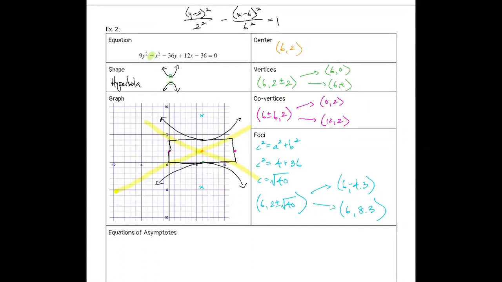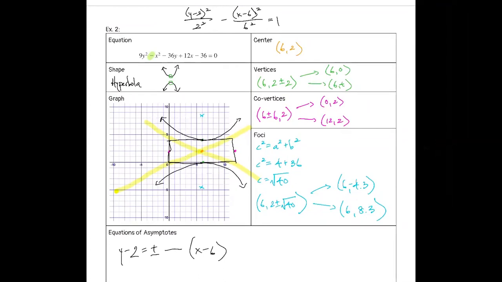All right, last piece, we're going to write the equations for our asymptotes. So I know that it's y minus my center y value, which is 2, equals plus or minus. I'm going to need a rise over run, x minus 6.